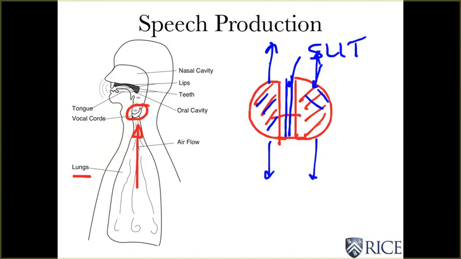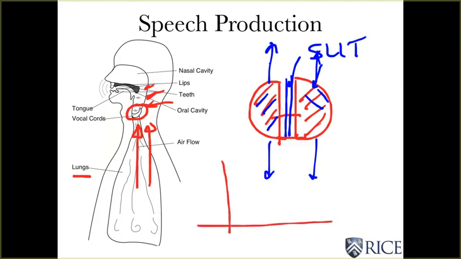It's not until the air pressure from the lungs builds up enough that it forces this slit to open momentarily, releasing a puff of air, which goes into the vocal tract. The vocal cords close, air pressure builds up again, they release rather quickly, giving another puff of air, and that's what I've tried to indicate there.